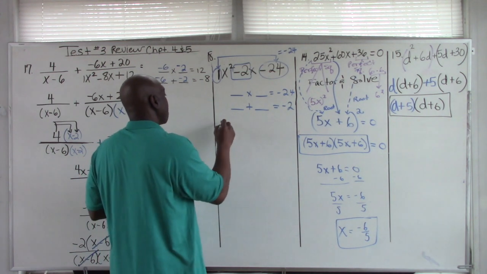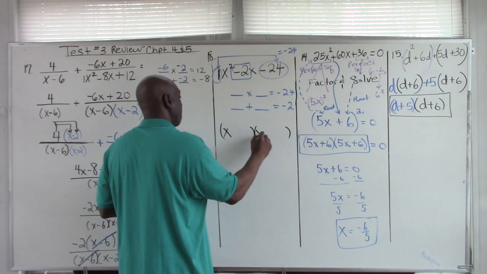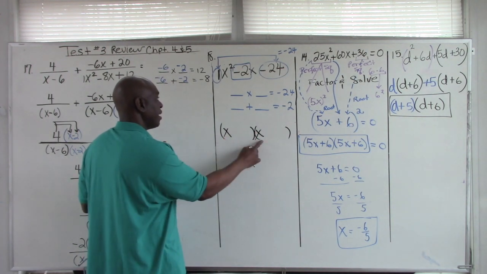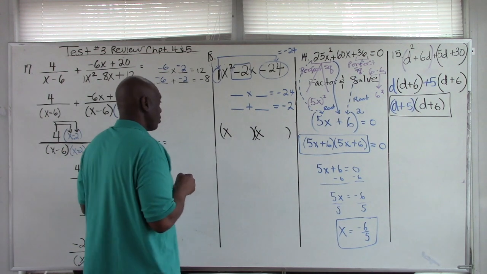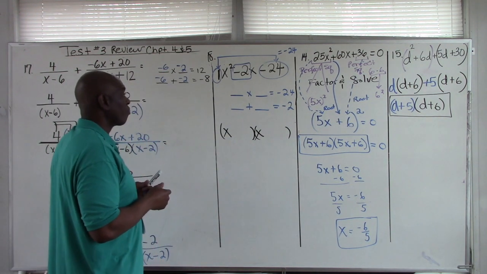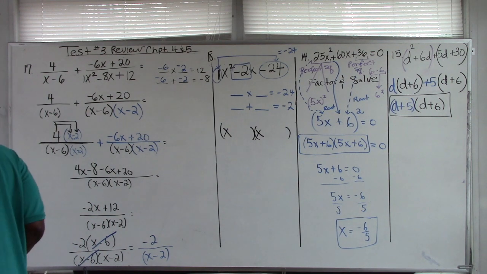What is it? x here, x there, because x times x is x squared. What can we fill in there?